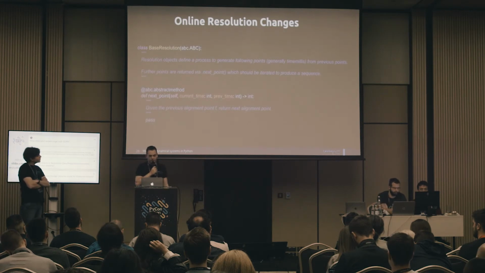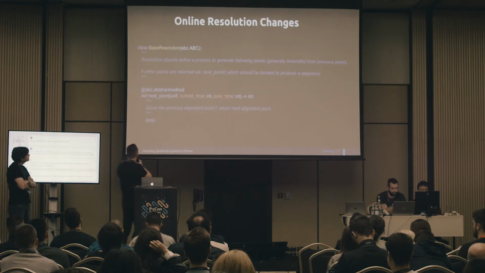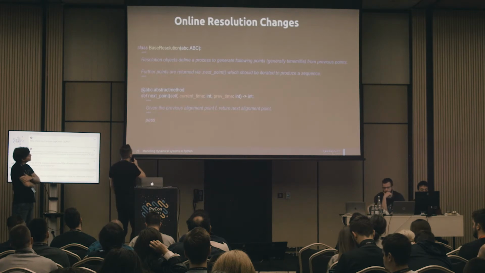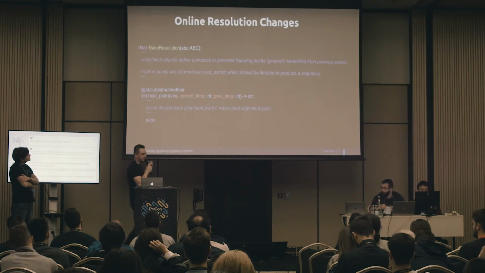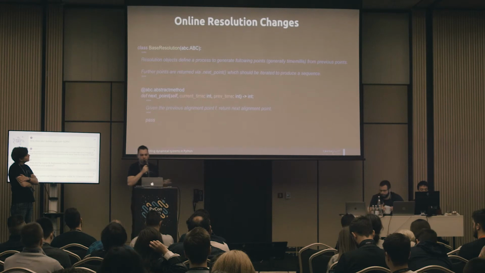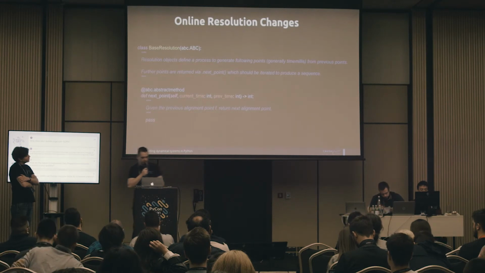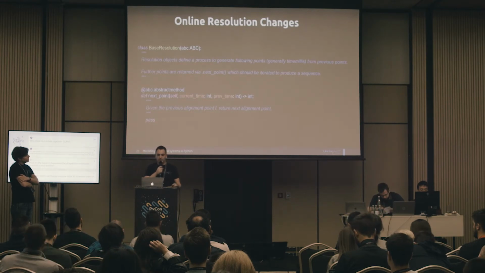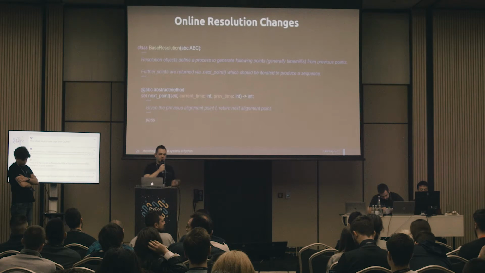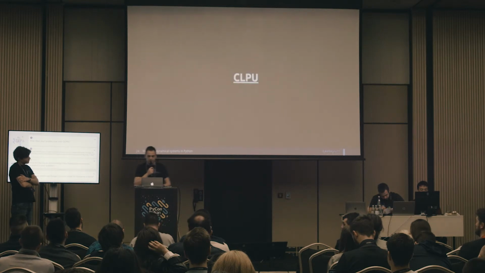It's quite simple. We omitted a few methods here that are not important, but basically you start with this, and then you create incremental resolution, and that incremental resolution becomes a second resolution, a minute resolution, and so on. So increment is just either a number of seconds and so on.